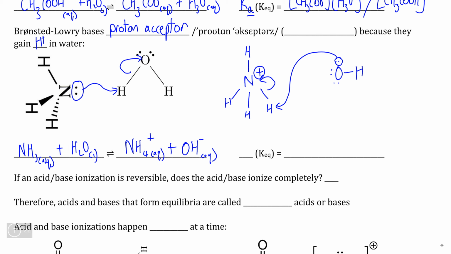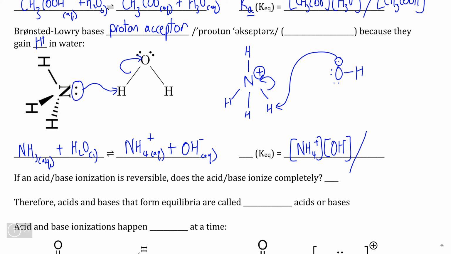Now again, because we've got an equilibrium reaction here, we can express this as a KEQ expression where we take our concentration of products, the concentration of ammonia times the concentration of OH minus. And again, water doesn't appear in the denominator because it's acting as a pure liquid.